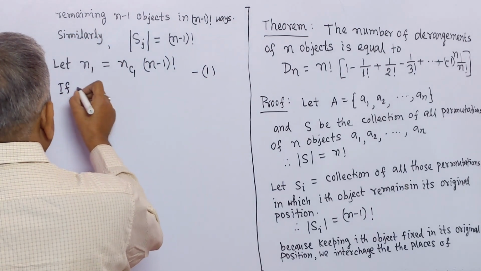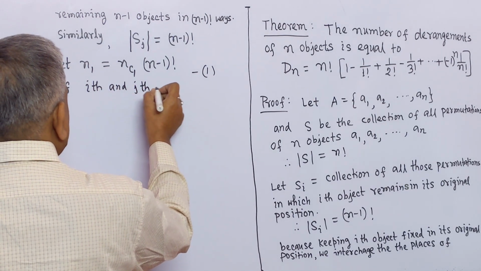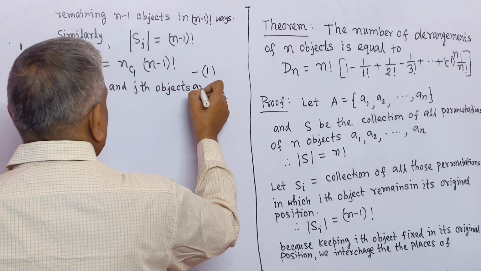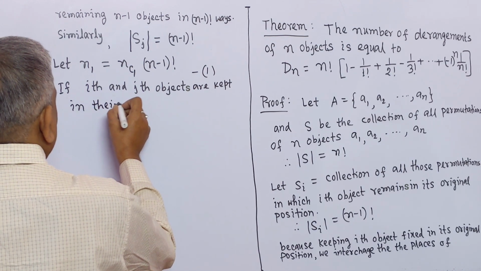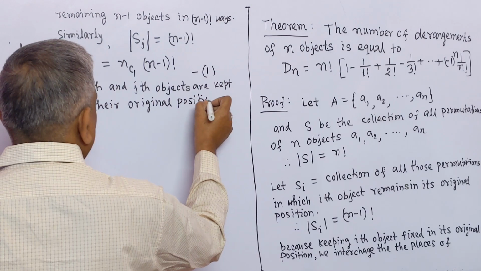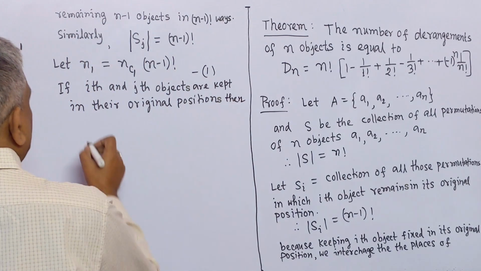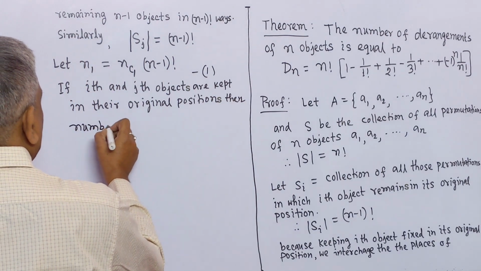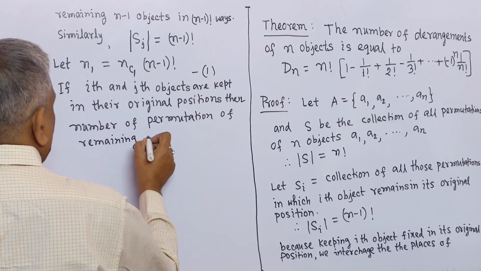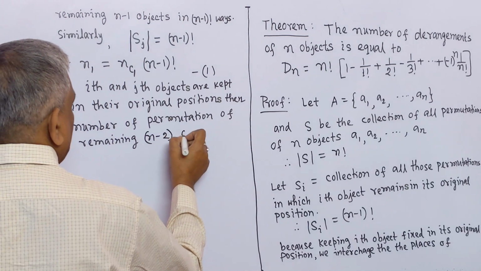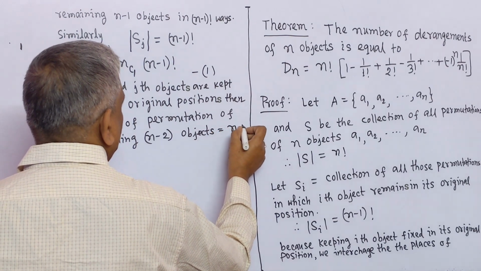If the ith and jth objects are kept in their original position, then the number of permutations of the remaining n minus 2 objects is (n-2)!.